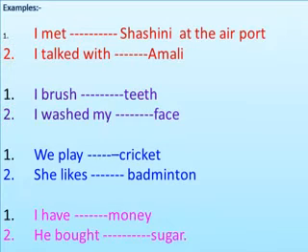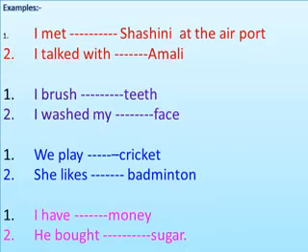Look at the next example. Uncountable nouns. You may know what uncountable nouns are. Money, sugar, grains, liquids, sand, dal, gram. Such things are uncountable nouns. We call them uncountable nouns because we can't use a number word before them.